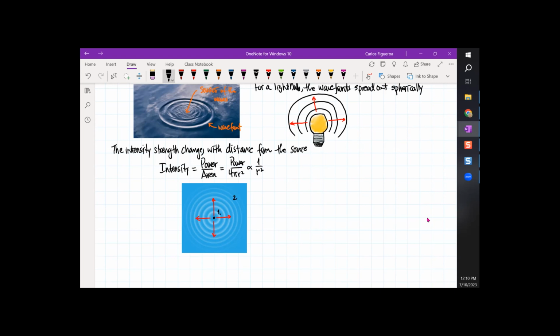At point 1, we see that this is closer to the source, which is clearly a smaller distance. And if it's a smaller distance, it must have a higher intensity. Now I'm running out of space, so I'm going to move this over here.